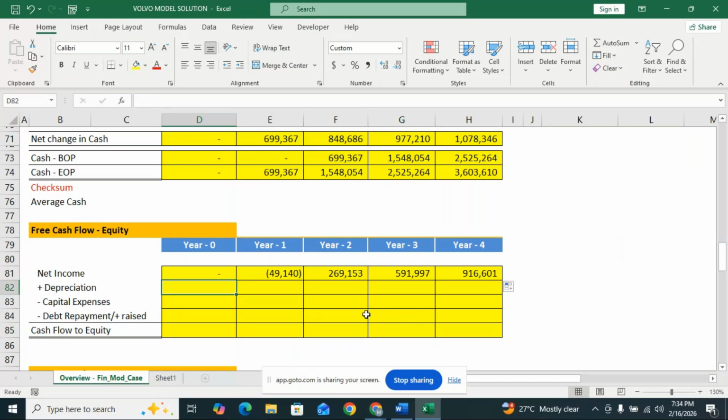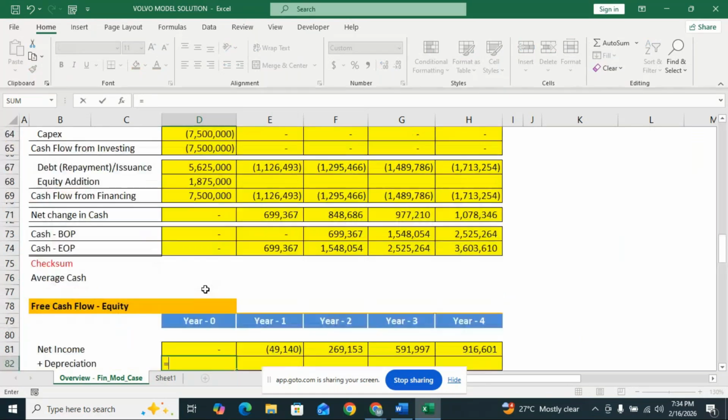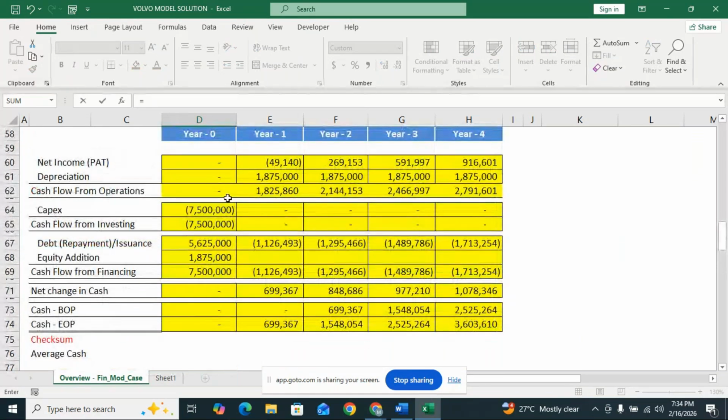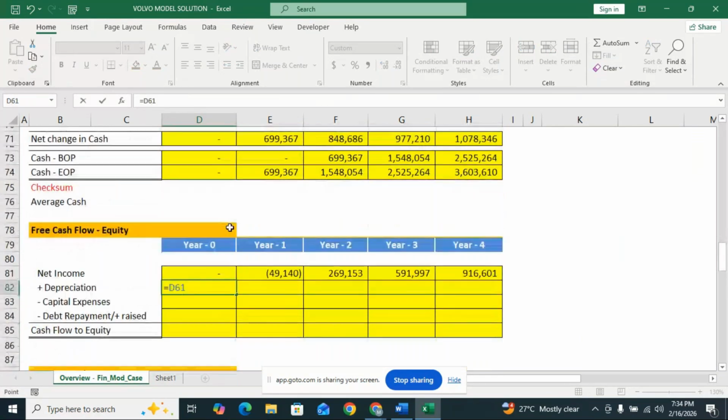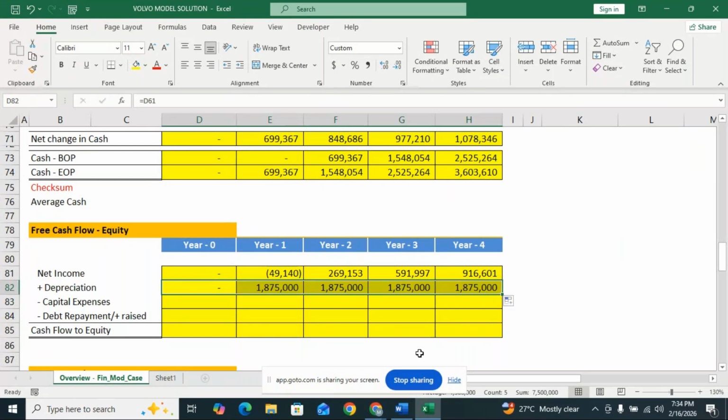And then to this, we add the depreciation element, the same thing. So equals to, take the same cell referencing here, depreciation. Again, capital expenditure.